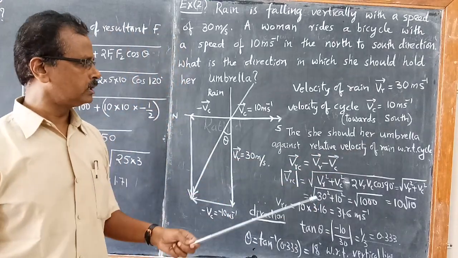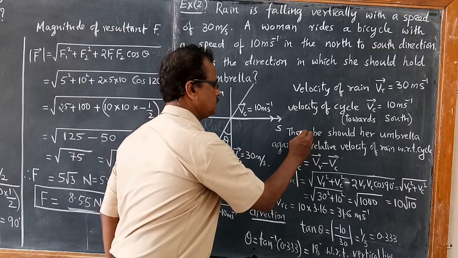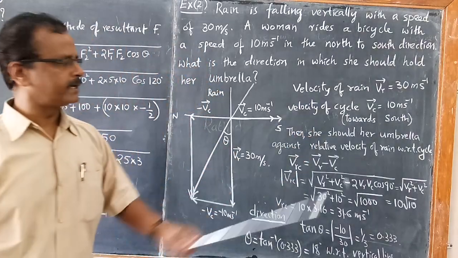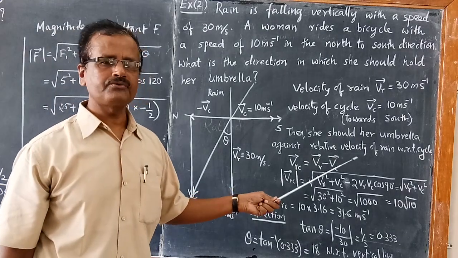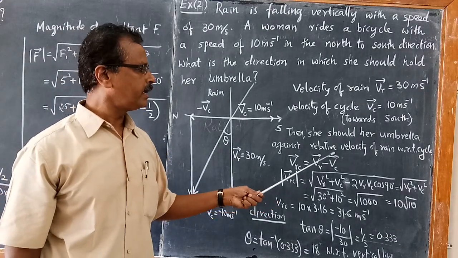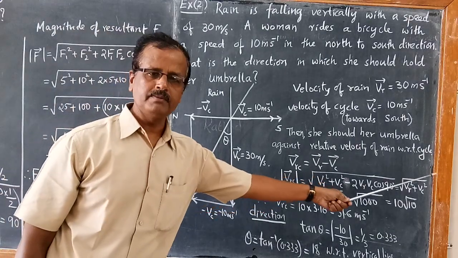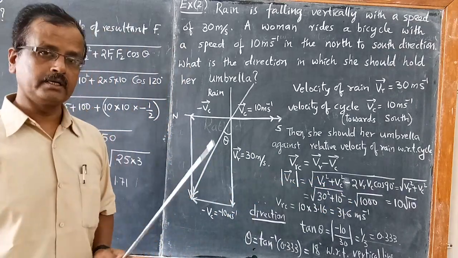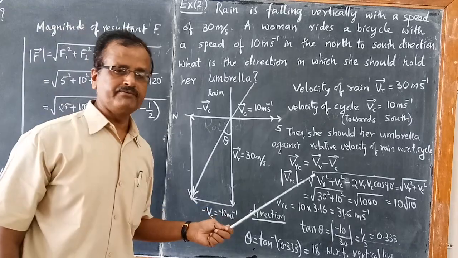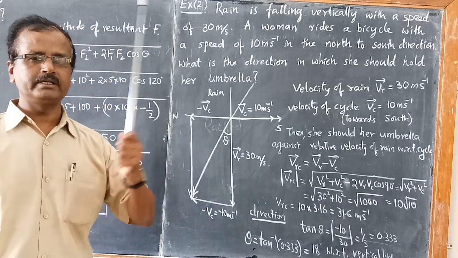She should hold her umbrella against the direction of relative velocity of rain with respect to the bicycle. Both are in motion, therefore we have to calculate relative velocity. So by definition, what is relative velocity? We have learned in the previous topic.